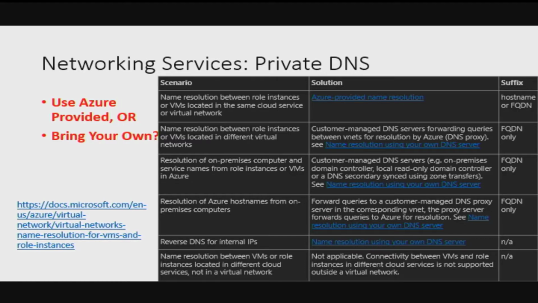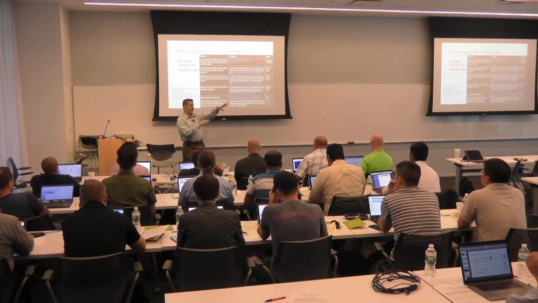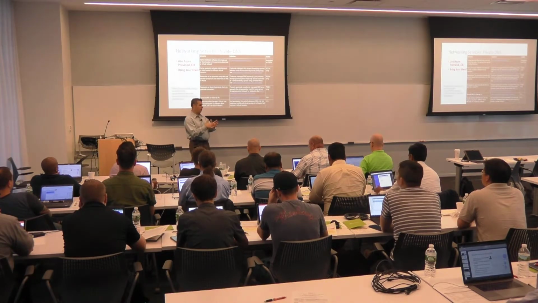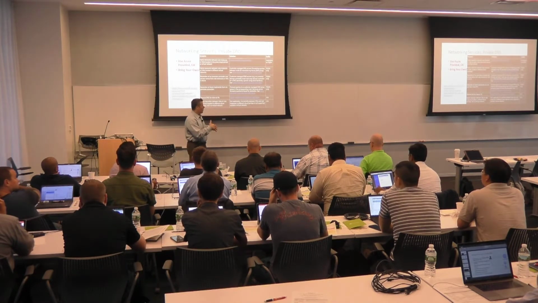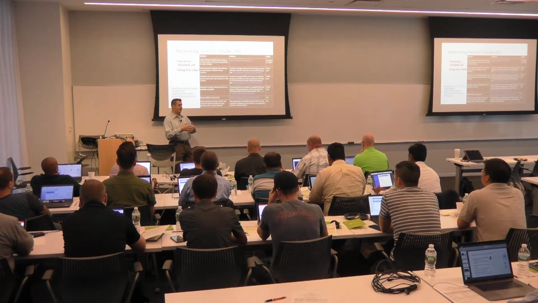I just want to be careful with the terms. We have Azure Public DNS, which is for public domain names, and we have private DNS, which is for DNS of your local VNet. So if you're just having VMs talk to each other inside of a VNet, you don't really need to bring your own DNS solution.